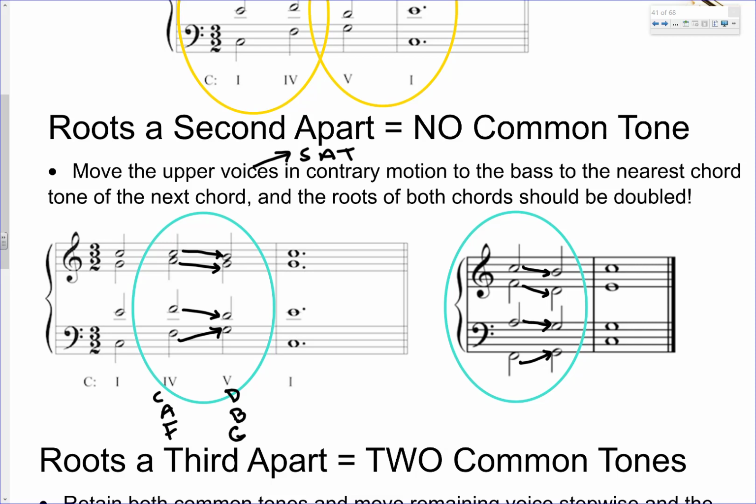In the first example, you have a doubled root, which is the G. In the second example, you also have a doubled root, which is a G. The first example happens to be in closed structure or close spacing, and the second example happens to be in open structure or open spacing.